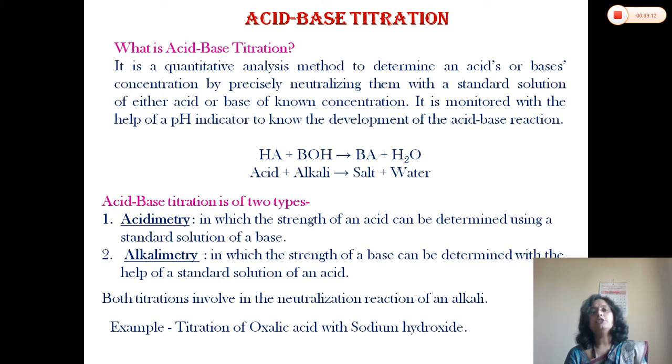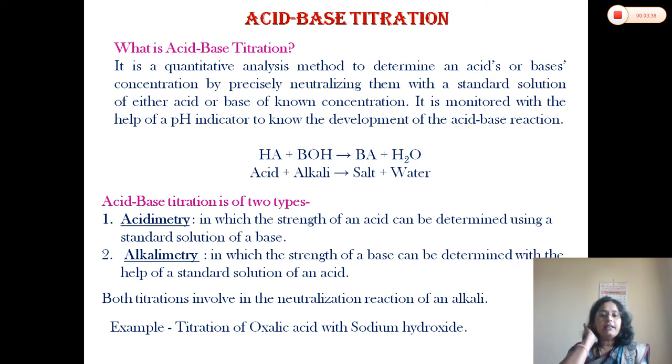On the basis of the amount of acid required to neutralize the base, or the amount of base required to neutralize the acid, we can determine the concentration of the unknown acid or base. We know that when an acid reacts with a base, it forms a salt and water. When all the acid is neutralized by the base, the reaction is completed, and that is the endpoint of the acid-base reaction.